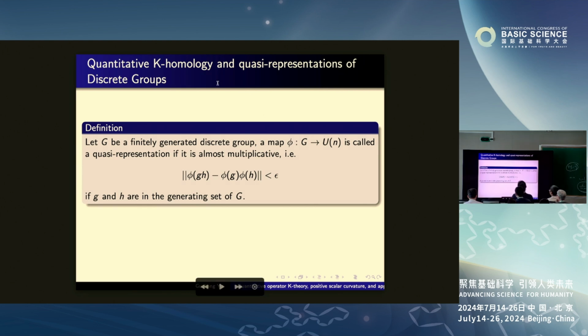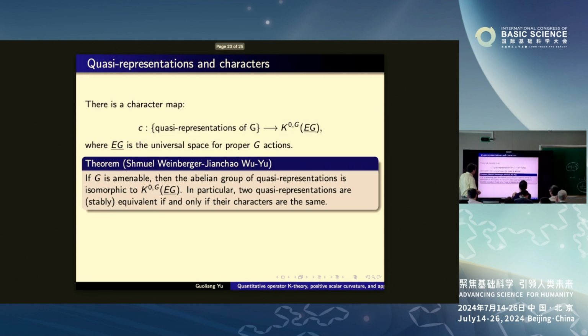This turns out to have a very rich structure, and it fits very well with quantitative K-homology, though in a different language. I'm just going to give you one sample result, and how it relates to the quantitative theory.